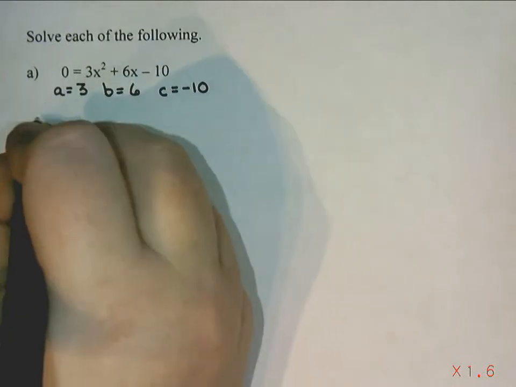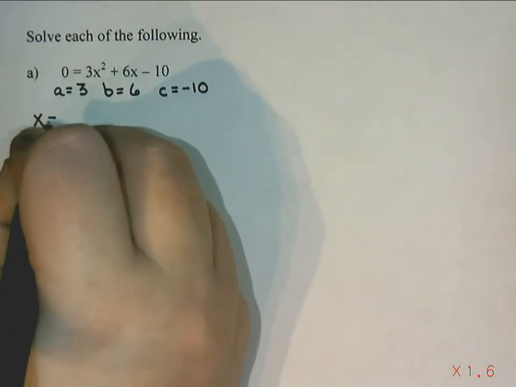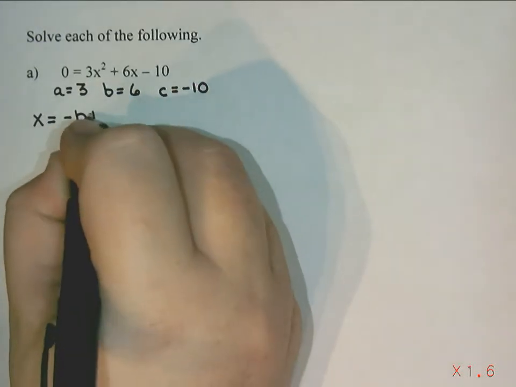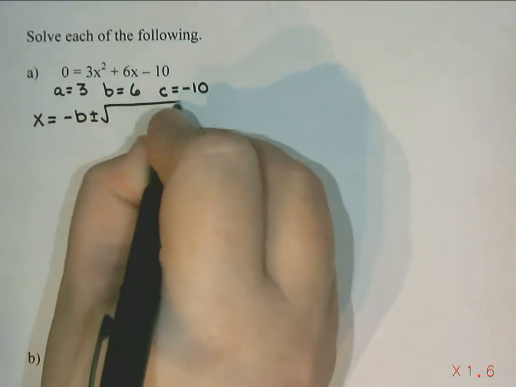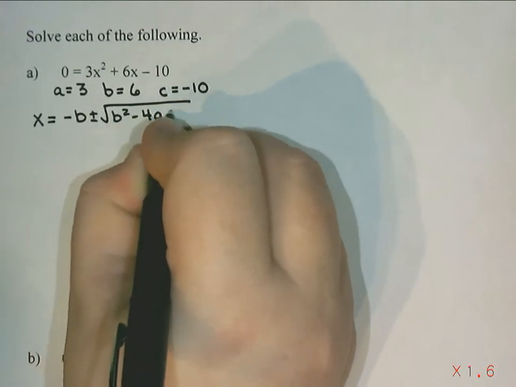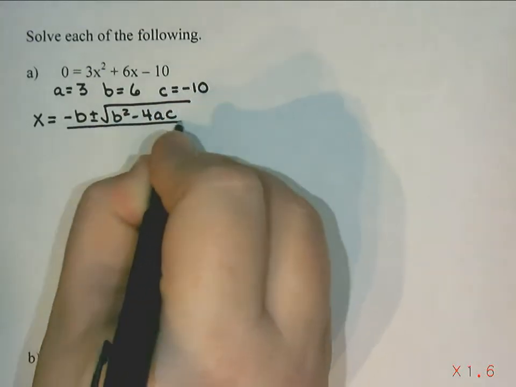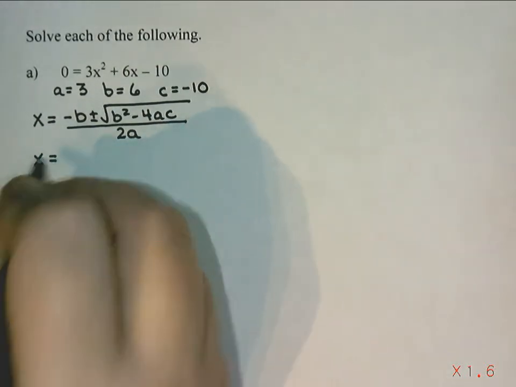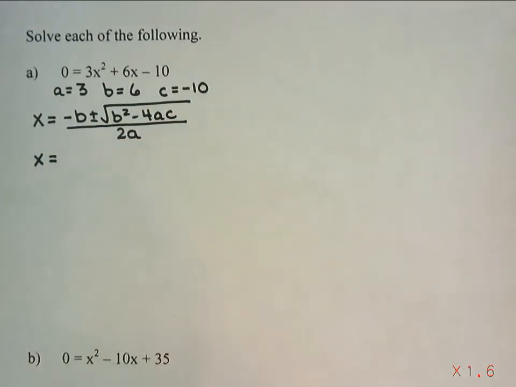So I'm going to write down my formula. Negative b plus or minus square root b squared minus 4ac over 2a. And then what I'm going to do is substitute in all my numbers.